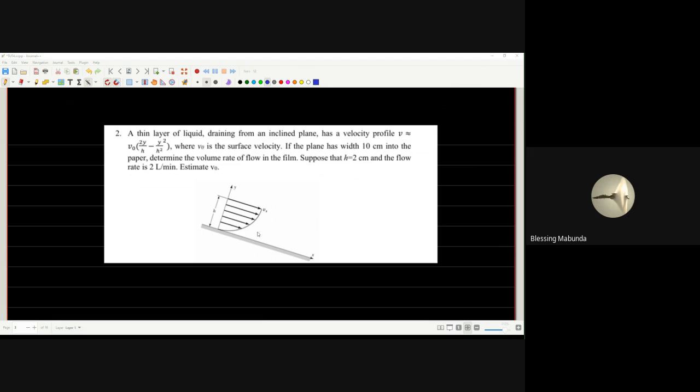If the plane has a width of 10 centimeters into the paper, determine the volumetric rate of flow in the film. Suppose that h is equal to 2 centimeters and that the flow rate is 2 liters per minute. So what we're looking for is Q.